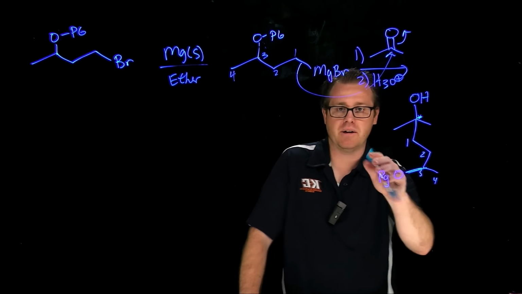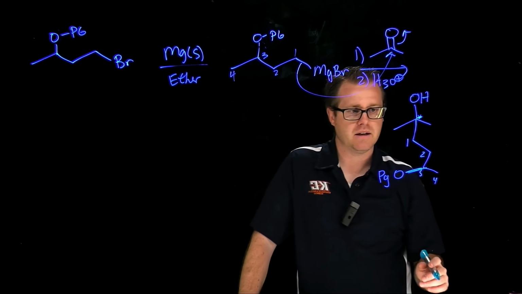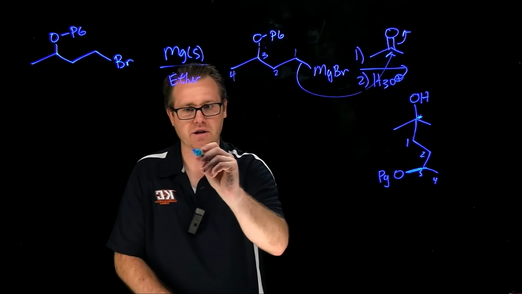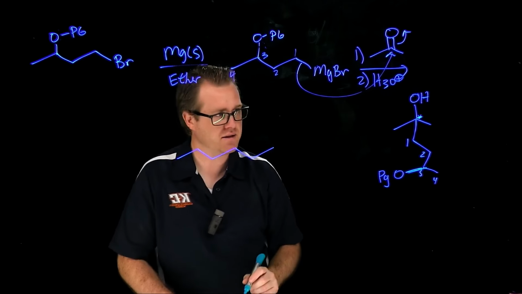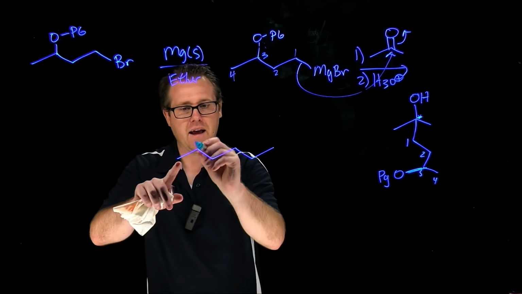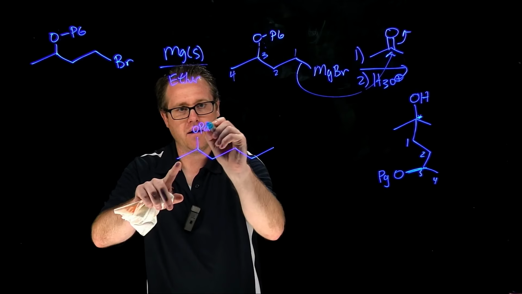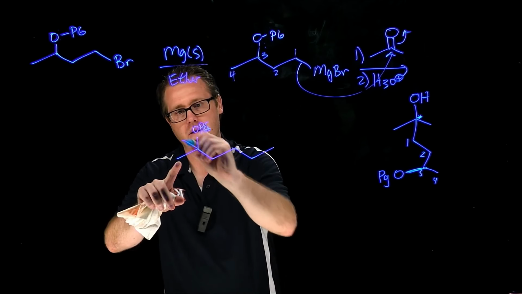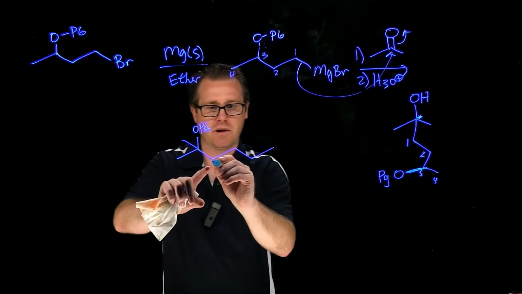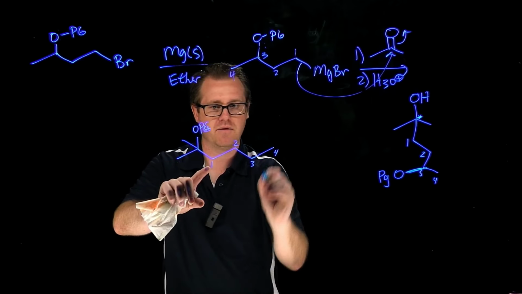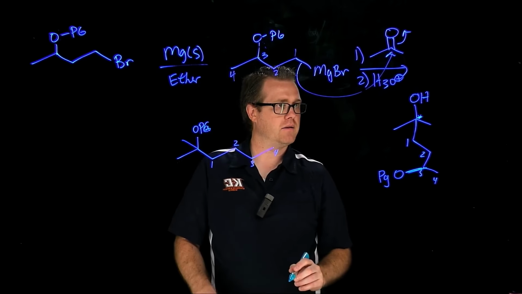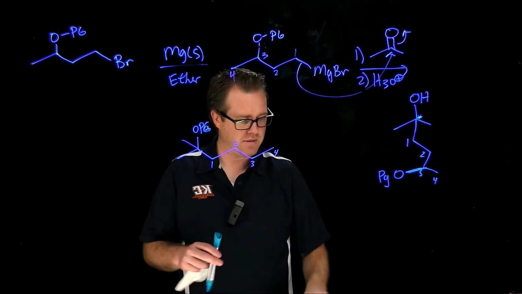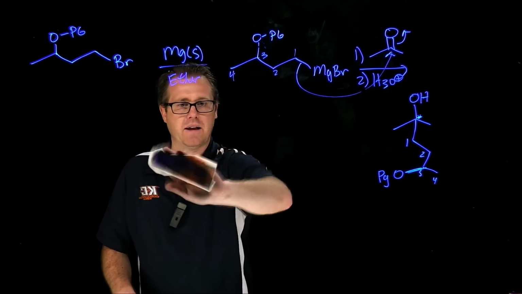So we could take that molecule and just make it look a little bit prettier. So what do we have? We have 1, 2, 3, 4, 5, 6 carbons. And we could put our OPG right there. And we have another methyl there. Let's see, my numbering scheme is off here. Let's try that again.